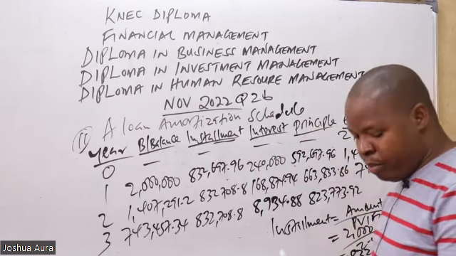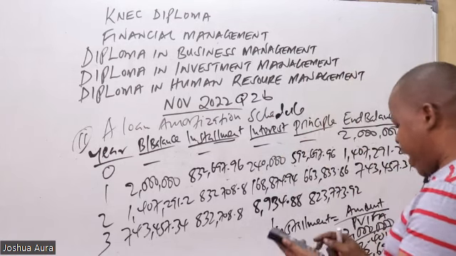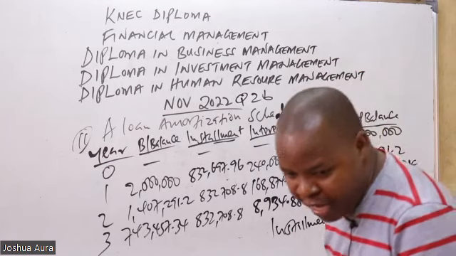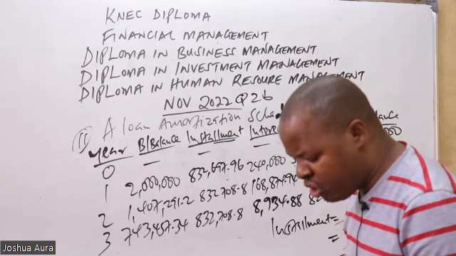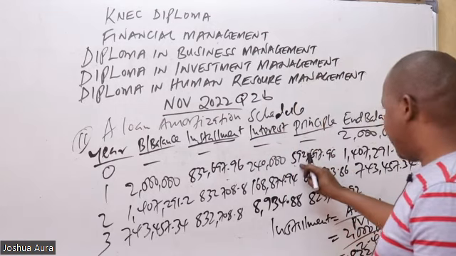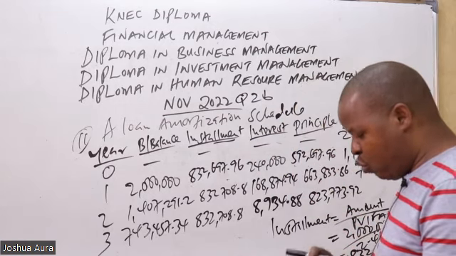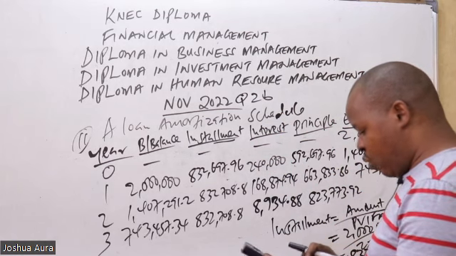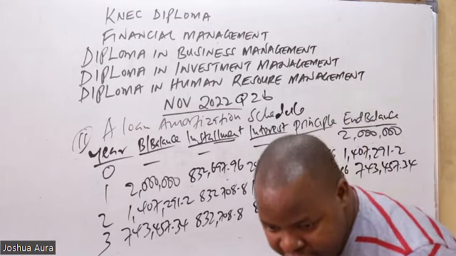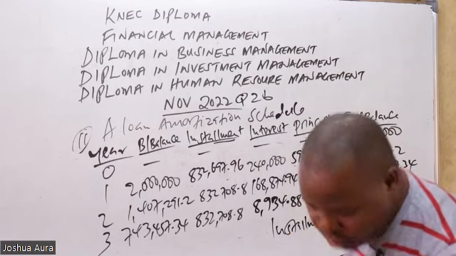And what will be our ending balance? It will be the beginning balance, which is 2 million, minus the principal amount, 592,697.96. What are we getting? 1,407,000.